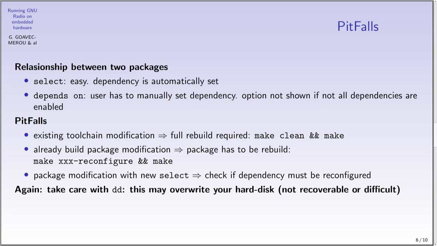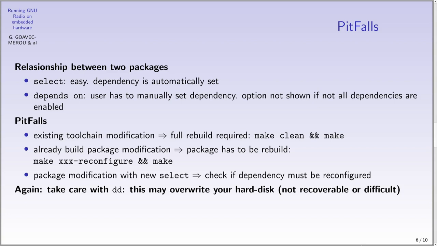This library has not many dependencies or limitations, for example not compatible with some compiler or something like this. So some GNURadio modules may use select to automatically set this library without any manual intervention.